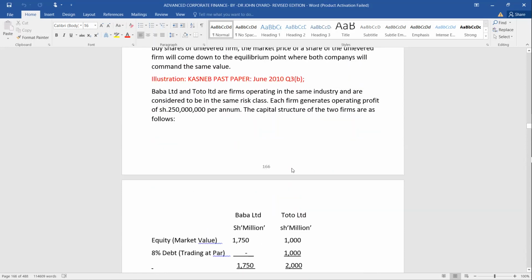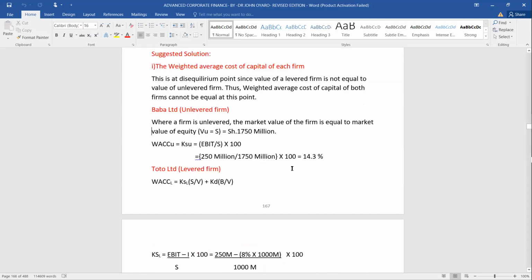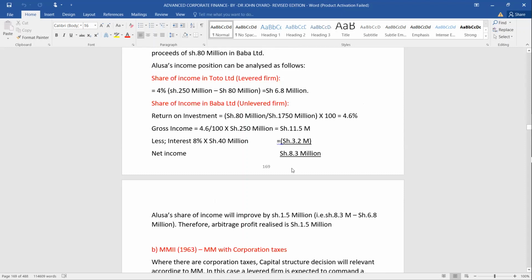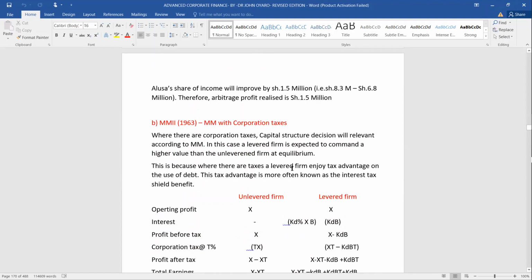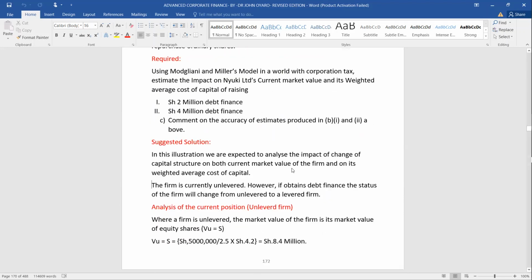Looking at the point where the value of the firm is maximized, or looking at the point where the firm's weighted average cost of capital is minimized. That is the basis of determining this optimal capital structure.